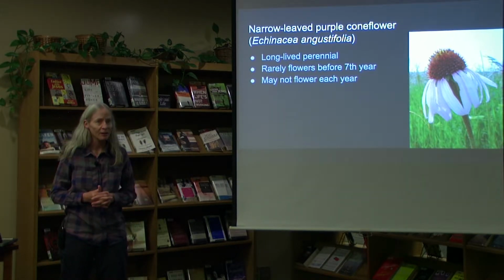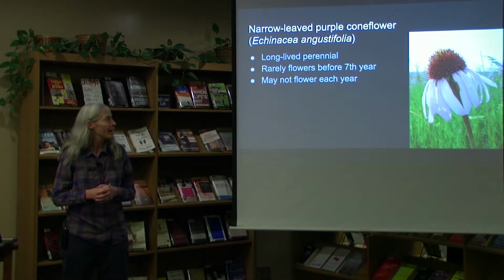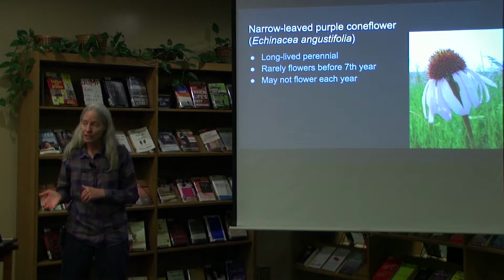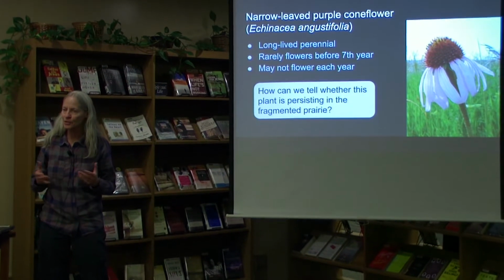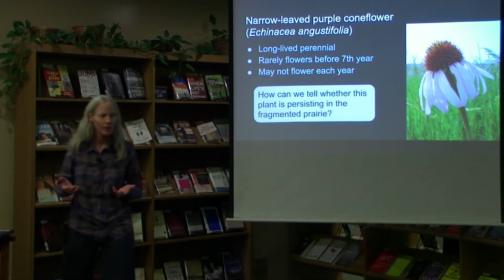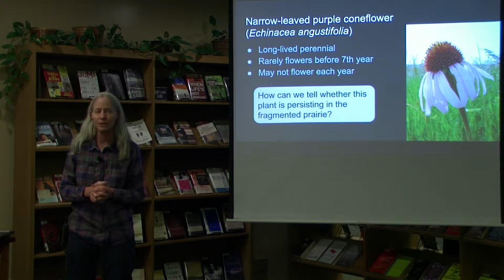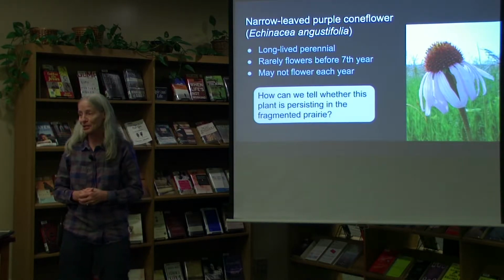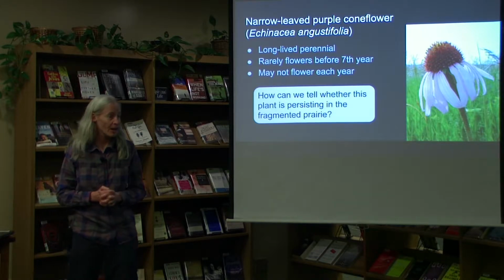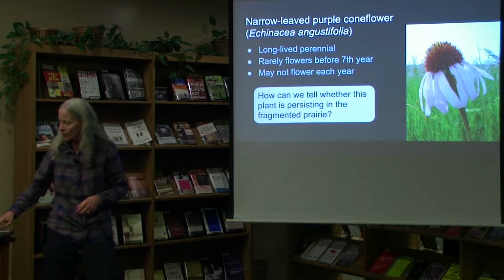It rarely flowers before the 7th year of its life, and it may not flower each year, so it's tricky to figure out whether this plant is persisting. It exists in native prairies. Most of the prairie in Minnesota has been converted into corn and soybeans. So most of its habitat is gone, and I'm interested in whether it's making it or not.